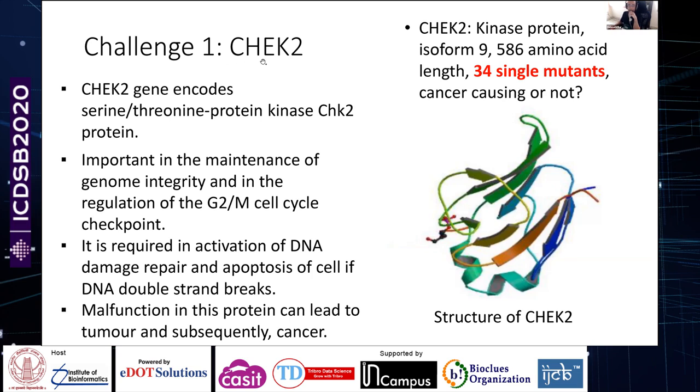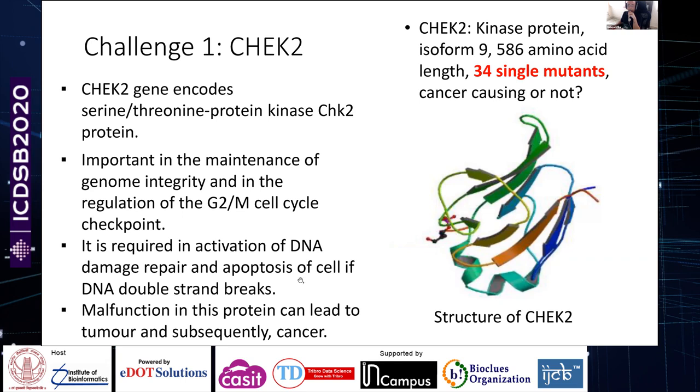Now, CHEK2 is a very important protein because it is known to maintain genome integrity and also regulates the G2M cell cycle checkpoint. It is also required for the activation of DNA damage repair and apoptosis of the cell if there's a DNA double strand break. So any malfunction here leads to tumor and subsequently cancer.